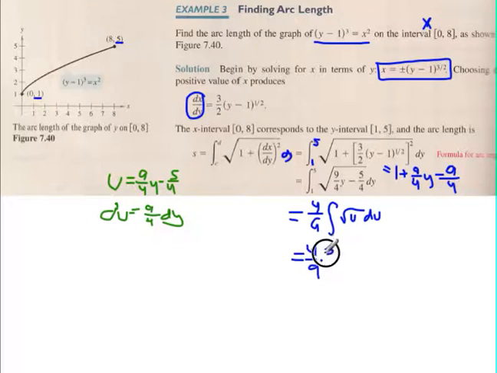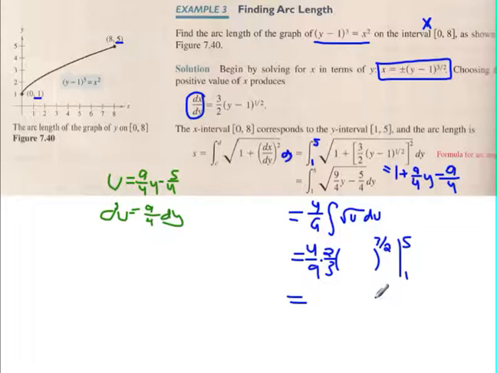So times 2/3 of that stuff, I'm just going to say that stuff. It's not square root, my bad. So maybe the book's way was a little bit nicer on this one. But this will get the job done: of the stuff to the 3/2. We're going to evaluate that from 1 to 5. Okay?